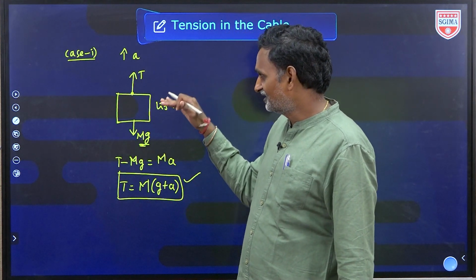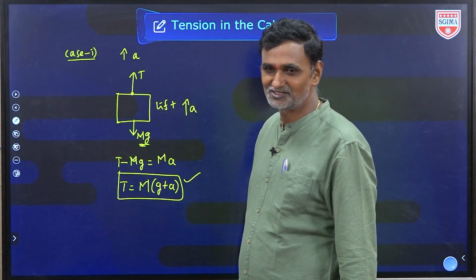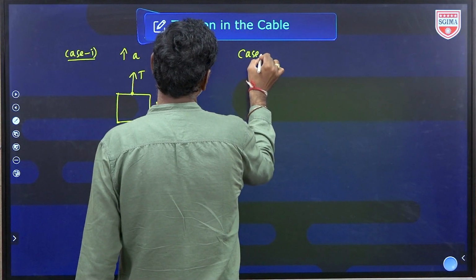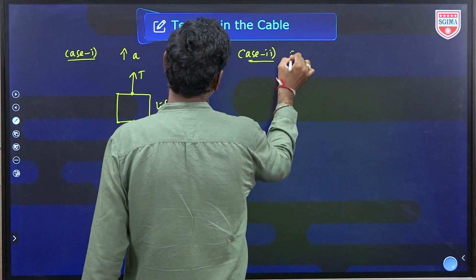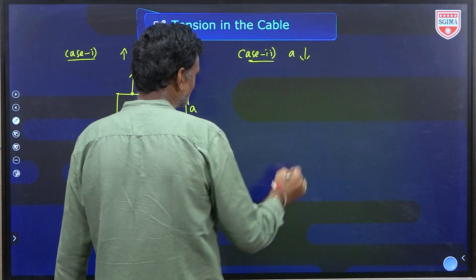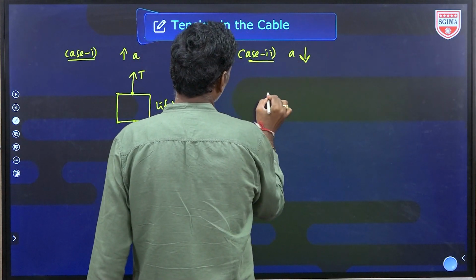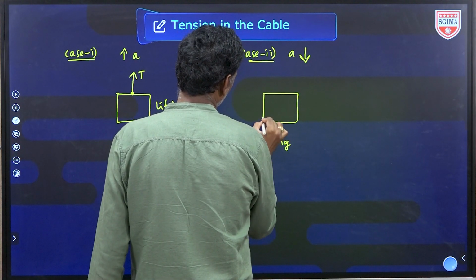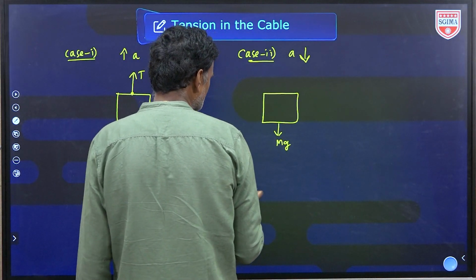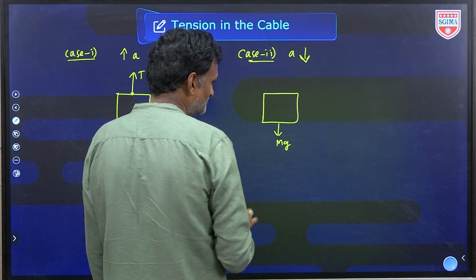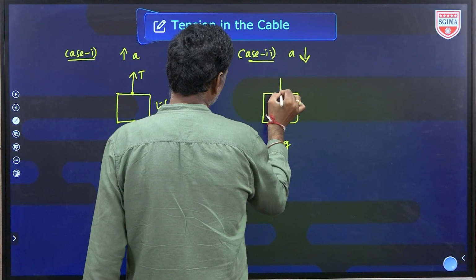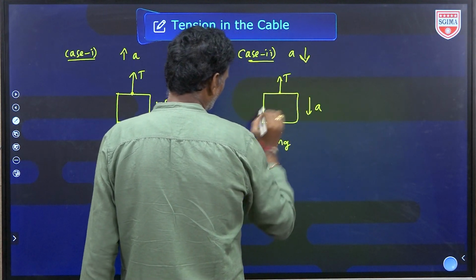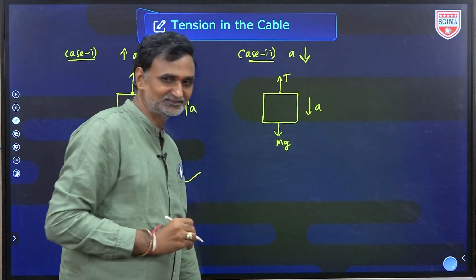Suppose the lift is moving downward with the same acceleration a, in the same case, case number 2. Then the total weight including the persons and the lift mass will be mg, and through the cable the tension T will be upward, and downward it is accelerating.